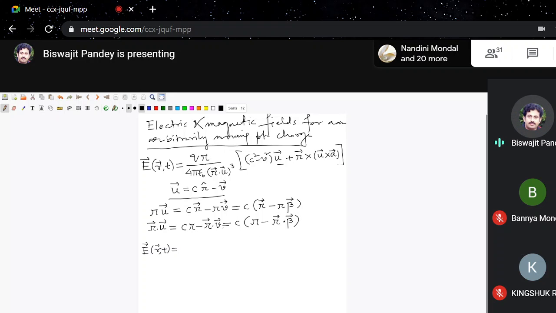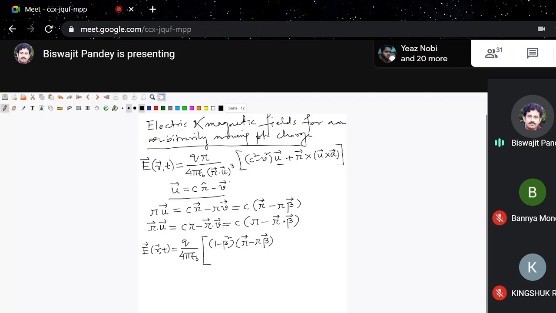So q by 4 pi epsilon 0 is a constant, and inside the bracket, 1 minus beta square, and then I have taken this scalar r inside, so ru will be this one, but there is a c here, and I have taken c square common, so we have c cube in the numerator. So 1 minus beta square times vector r minus scalar r times beta into c cube.